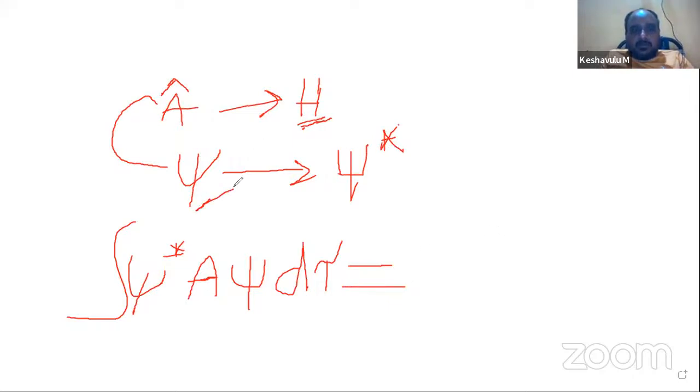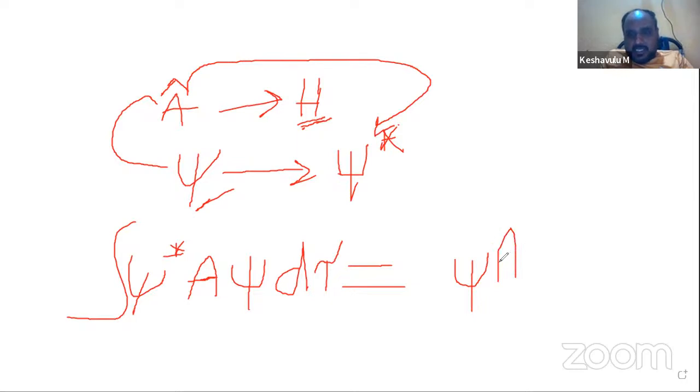now this time keep psi constant. Then the operator A operates on psi star, that is A into psi star, then doing integration within the limits.